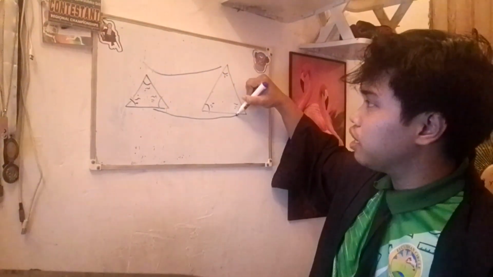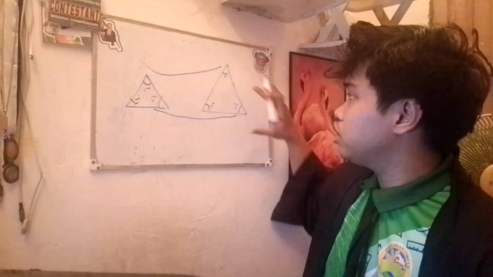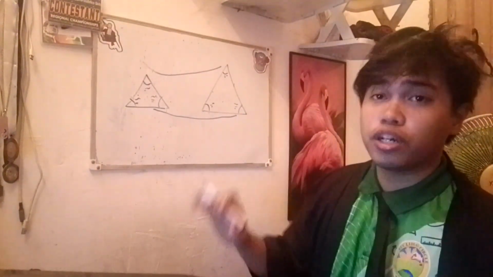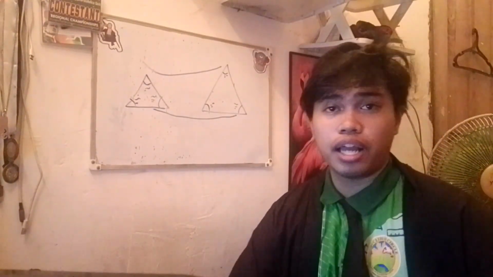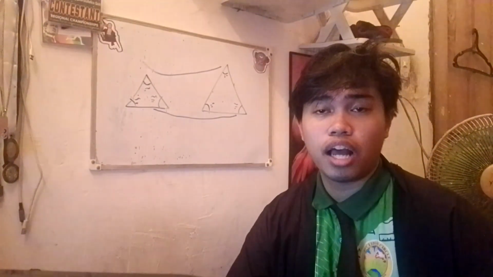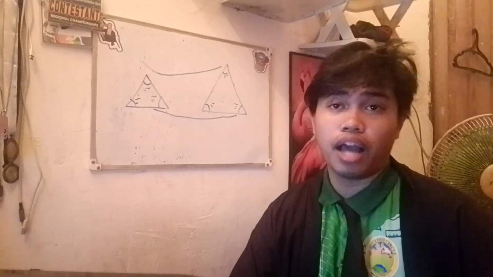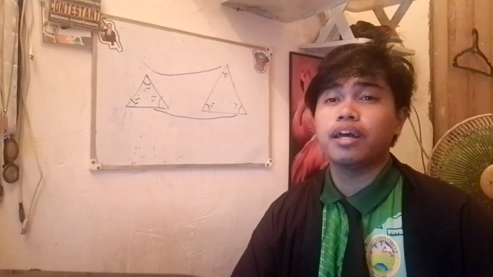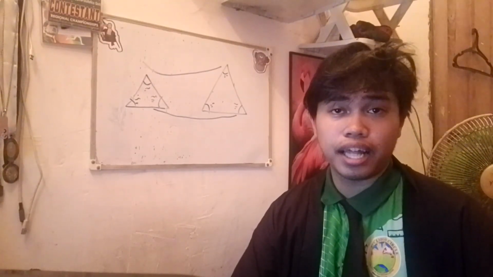So meaning, we can see that in this view in the curved space, if two triangles have the same three angles, then they are congruent to each other and they are identical. So we cannot say that one triangle is bigger than the other triangle.